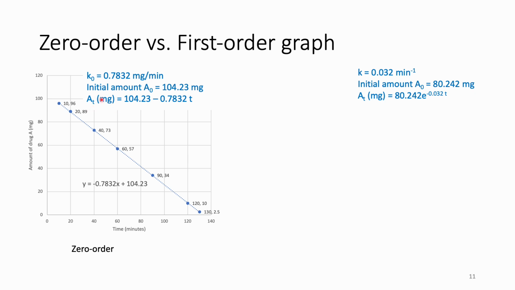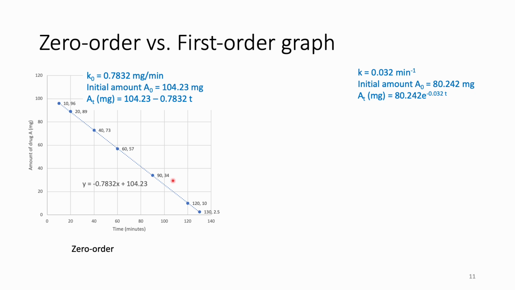At, in milligram, equals 104.23, which is A0, minus 0.7832 t. So if you want to know the amount of drug at any time t, you just plug in the number t here. Then you can calculate the amount at that time.